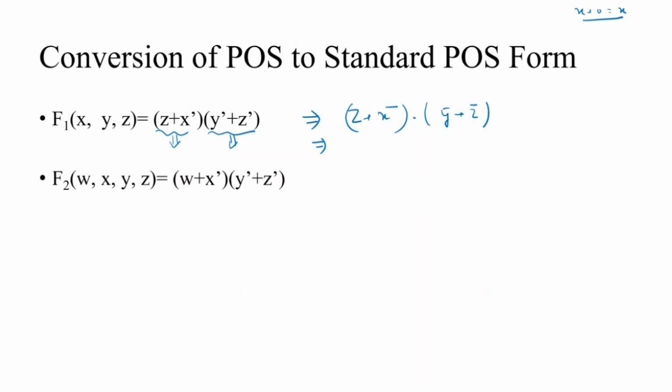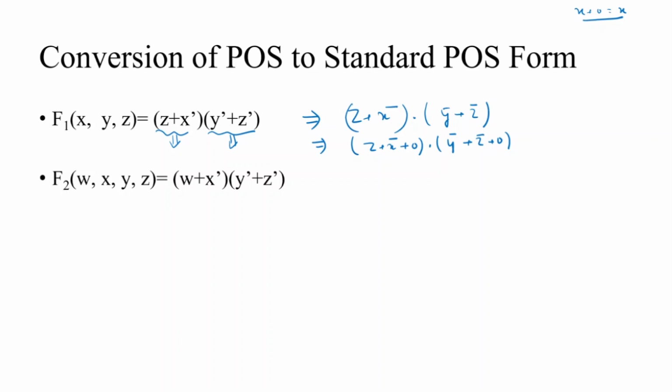So in each OR term in which all the literals are not present, we simply add 0. So this is z plus x complement plus 0, because this does not change the value of this term, and this is equivalent to x complement dot y complement plus z complement plus 0. When we add 0 in this term, it does not change the value.